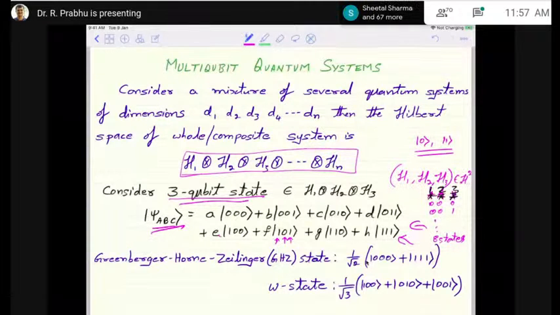In the 3-qubit Hilbert space, we have very general states called the GHZ state and the W state, just like how you have Bell states in the 2-qubit Hilbert space. The GHZ state is a superposition of all the particles being in the same state.